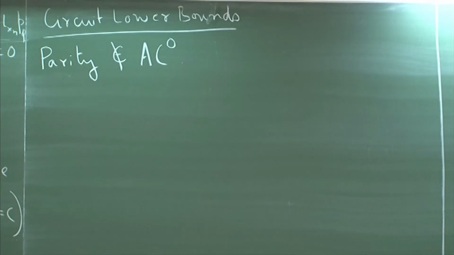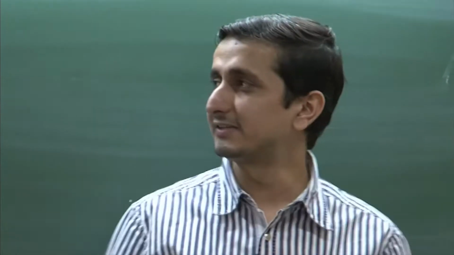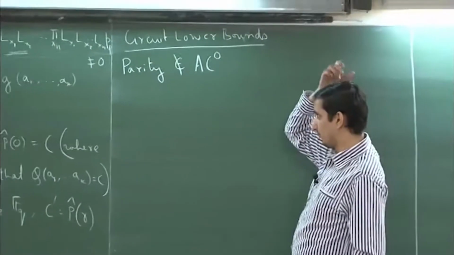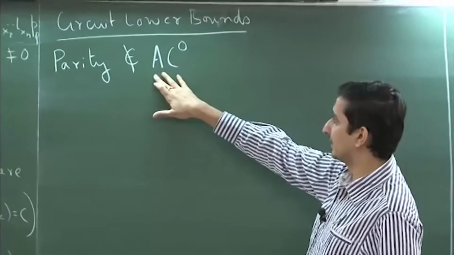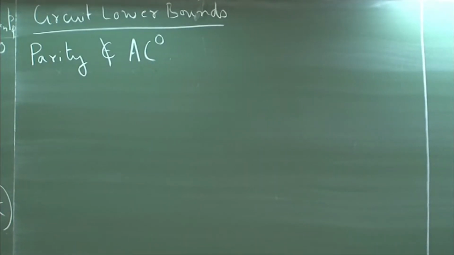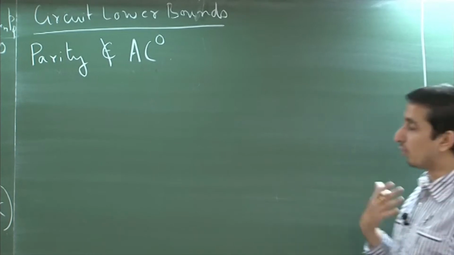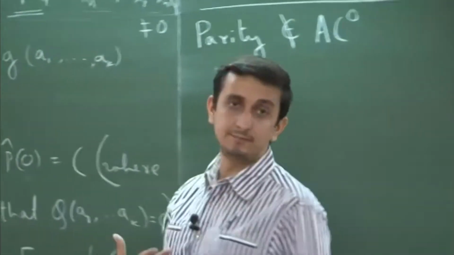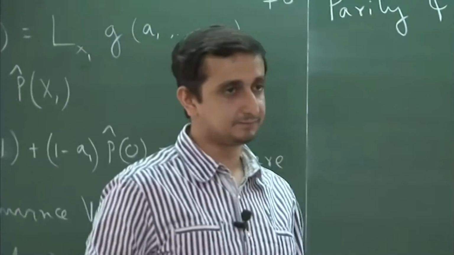I have to argue that there is no algorithm in this universe which can do the task, of course with some restricted amount of resources. In this case, we want to show that if we take a circuit which has constant depth, polynomial size and unbounded fan-in, no matter what that circuit class is, it will never be able to compute the parity function.